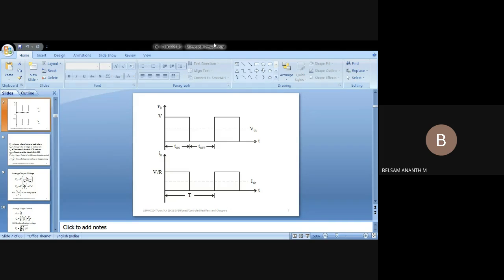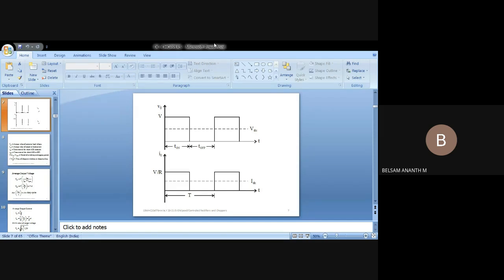On time period is when your thyristor is in on position, and off time period is when your thyristor is triggered to an off position. That means on and off together will give you the time period. If you want to calculate the duty cycle, what will you do? T on divided by T on plus T off. This is how you can calculate your duty cycle ratio.